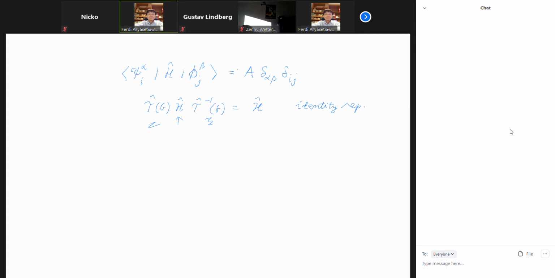Then if we consider this quantity here, because H transforms according to the identity representation, this object transforms according to the beta representation. So that's why we get this result immediately.